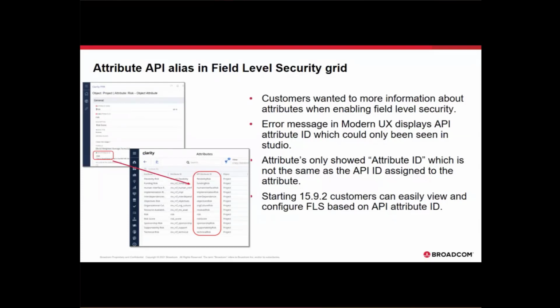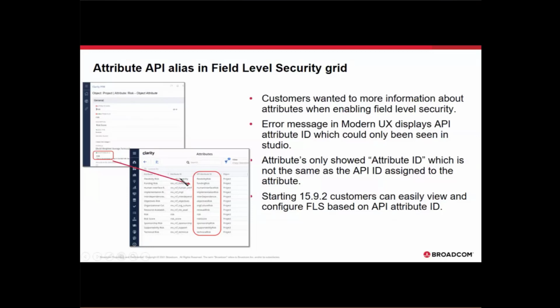Attributes only showed the attribute ID, which is not the same as the API ID assigned to the attributes. So what that means is that in the past, when you would come to the attribute section, we used to show the attribute name and the attribute ID. This attribute ID was really your database column name, which is defined in the studio.